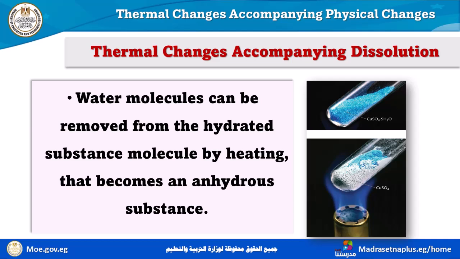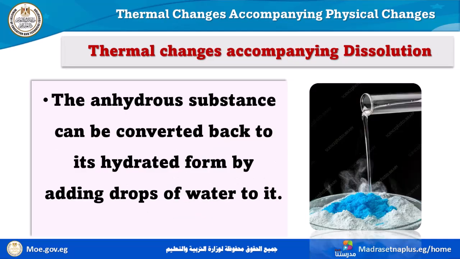So it becomes an anhydrous substance as it loses the molecules of water bound to it. The anhydrous substance can also be converted back to its hydrated form by adding drops of water to it, so it returns once again to the hydrated form.